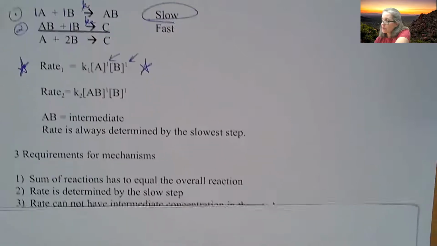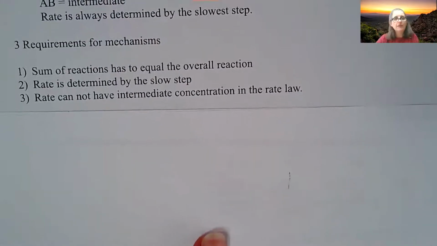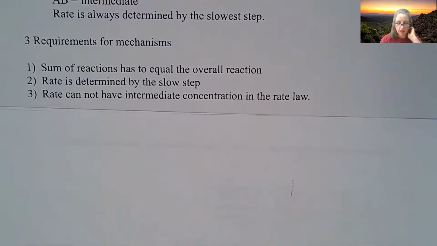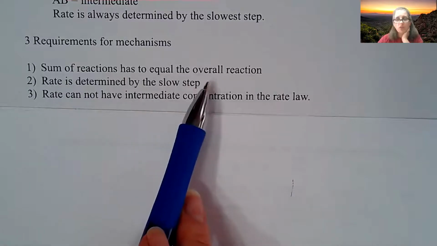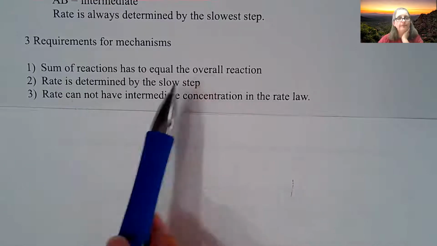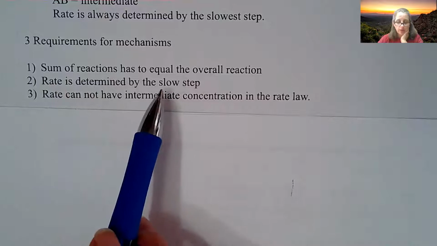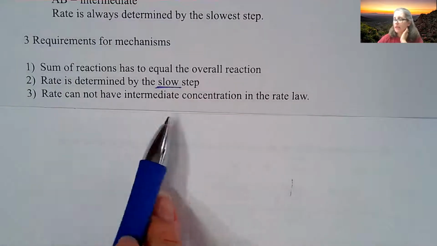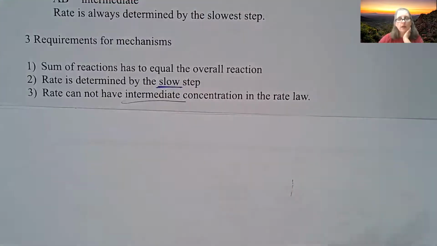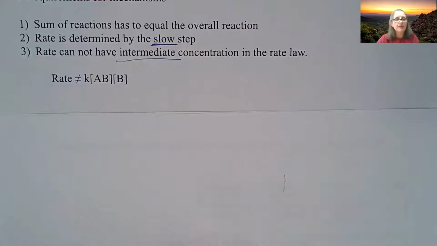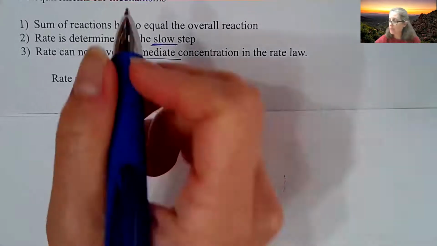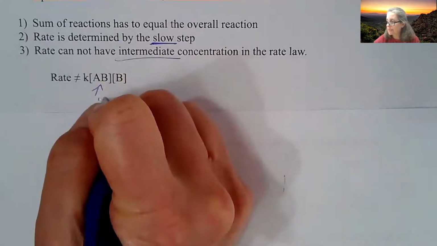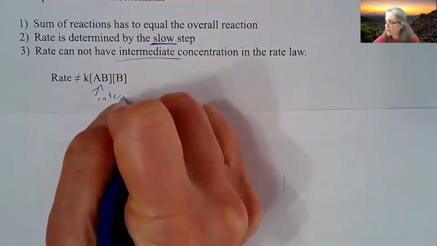There are some requirements for a mechanism to be legitimate. The steps must always add up to give the overall reaction. The rate is always determined by what we call the slowest step. And the rate cannot have an intermediate in order for it to work. That is why you will see that this cannot be the rate law, because you have that intermediate in that equation.